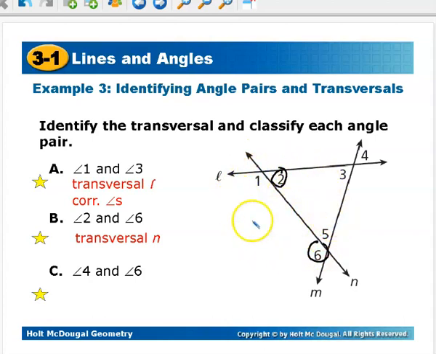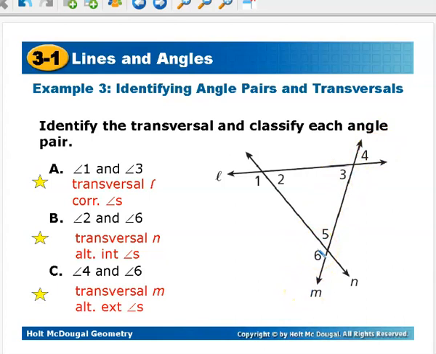So it's going to be alternate interior. If you want to write that a little shorter, you can write it as AIA, alternate interior angles. And the last set, 4 and 6. The transversal will be M, and the relationship will be alternate exterior, because they're on the outside: alternate exterior angles.